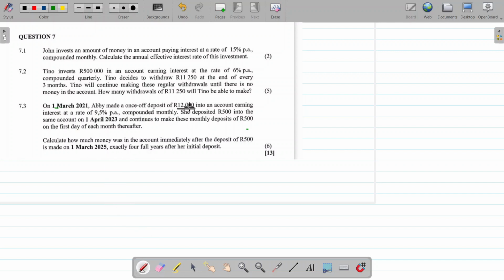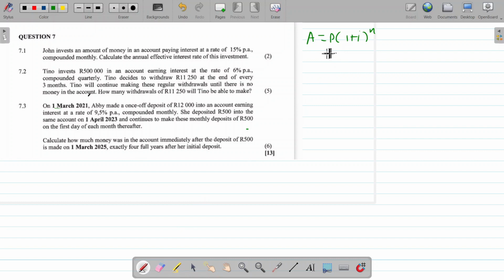Our once-off payment of 12,000 is going to run for 4 full years. It's going to gain interest for 4 full years via compound interest. So let's find out how much that is. It's going to be A equals P into 1 plus i, all to the power of n.